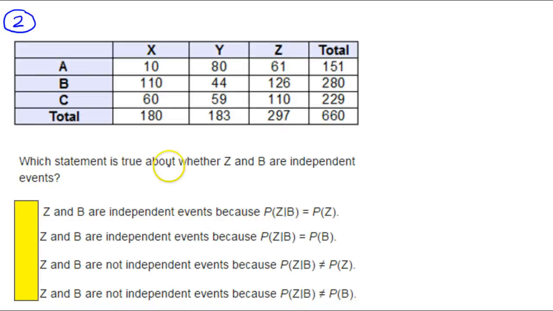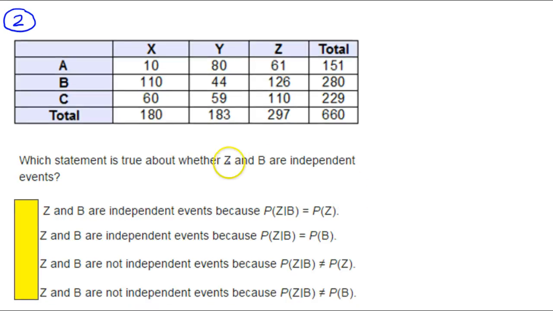Which statement is true about whether Z and B are independent? Here's the thing about proving that two things are independent. If Z and B are independent, then the probability of Z given B should be the same as the probability of Z by itself.